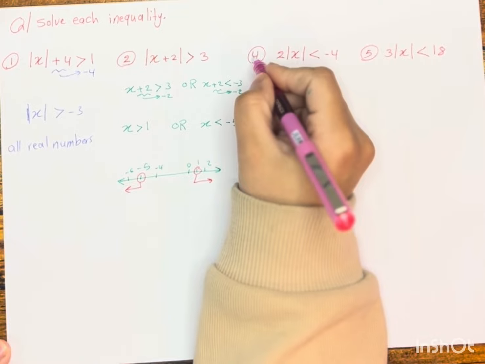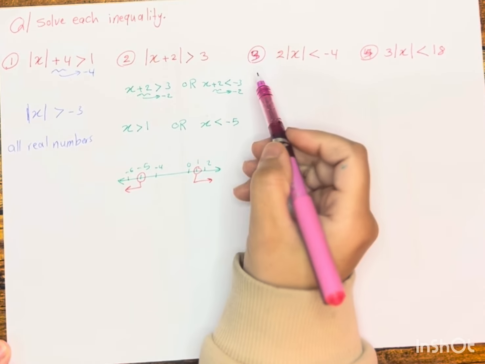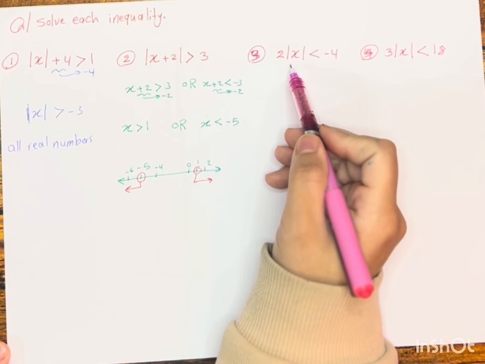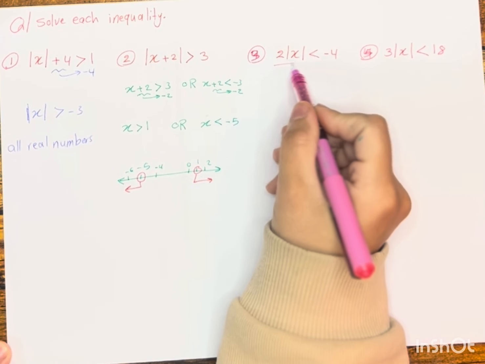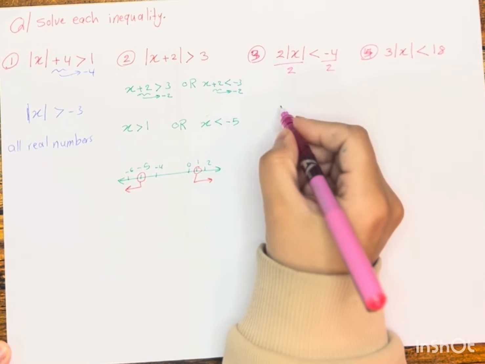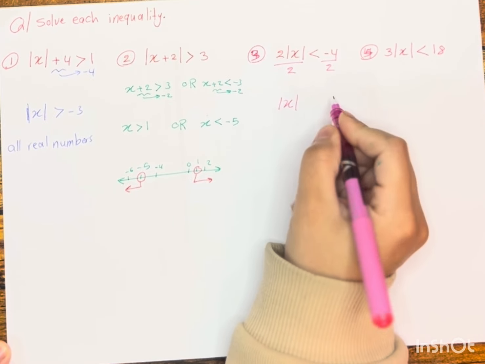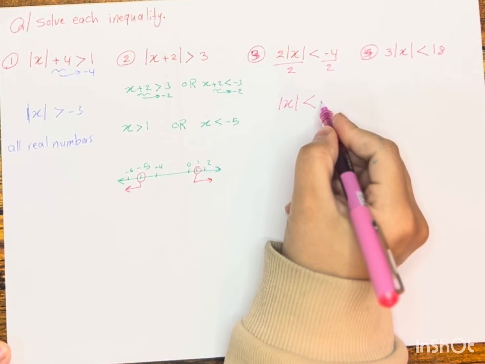Number 4, it's 3, sorry, and it's number 3. We have 2 absolute value of x less than -4, okay? Again, we have a coefficient, we need to cancel it by dividing both sides by 2. X in absolute value less than -4 divided by 2 will be -2.